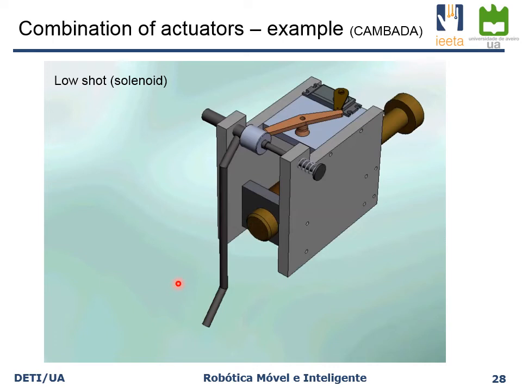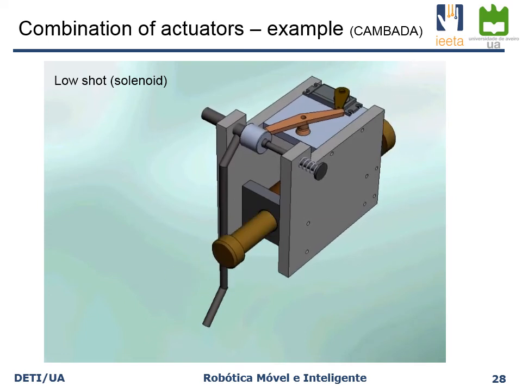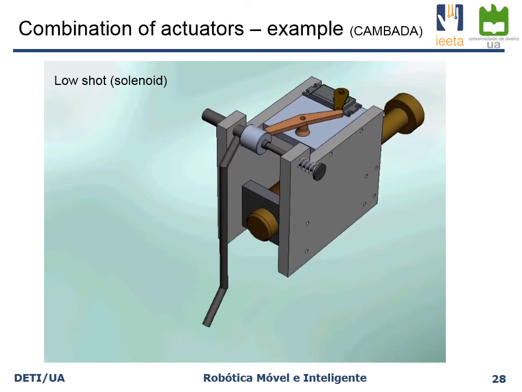This kind of kick is used, for instance, for making a pass between two robots. You can see that by this sequence of images.